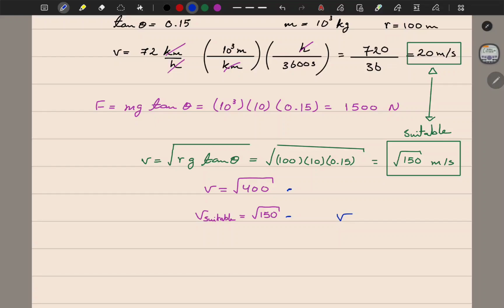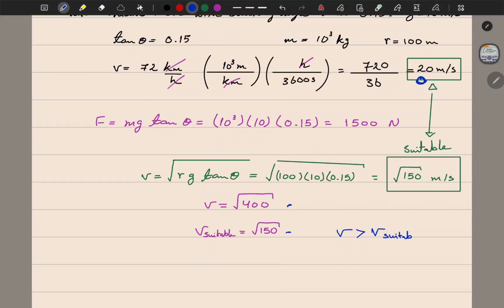So the velocity at which the car is already moving is higher than the suitable velocity. So this velocity is not suitable for the road. It's too high. That means the car will not be able to maintain this circular path, and it's going to topple.